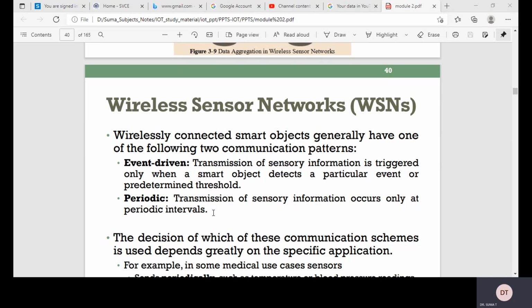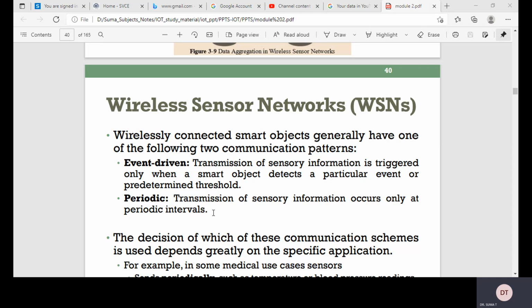In WSNs with a very large number of deployed smart objects, this data aggregation at the network edges is where fog and mist computing takes place. IoT network architecture and design are critical IoT architecture elements needed to deliver the scale and performance required by so many IoT use cases.